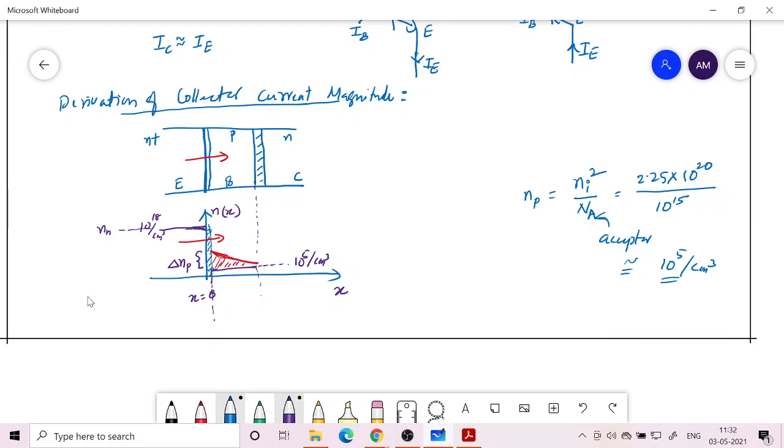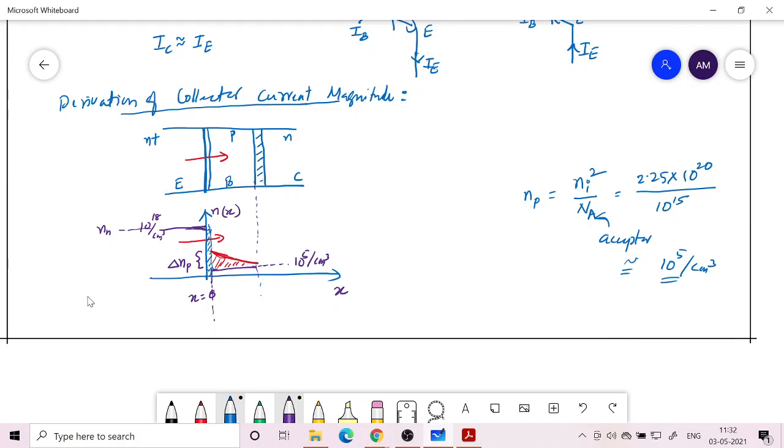You won't even notice, because they are majority carriers and they are so huge in number, 10 raised to 18 per centimeter cube. So even if 10 raised to 15 goes to the other side, it is only 1,000th of its actual concentration.